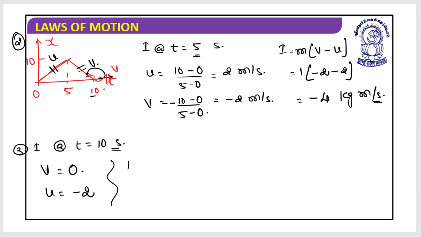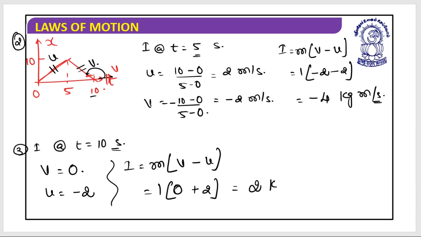So I, that should equal m into (v minus u), that should equal 1 into v, which is 0, u is minus 2, so it's plus 2. So this equals 2 kg meter per second. This is impulse, or what we call the change in momentum.